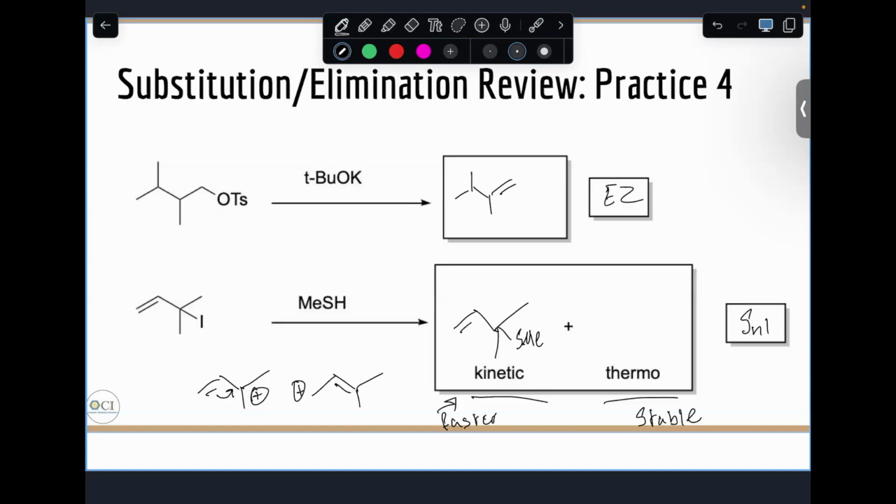And then we can have our nucleophile attack, giving us that. Do you know why the secondary alkene is more stable than having a tertiary carbocation?